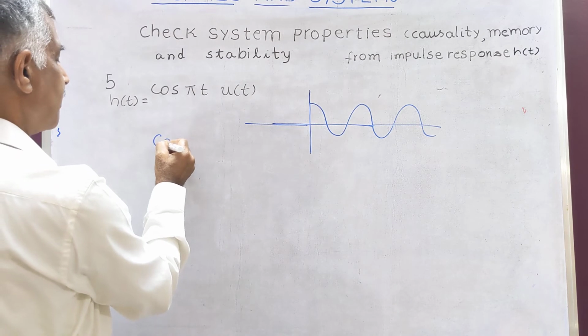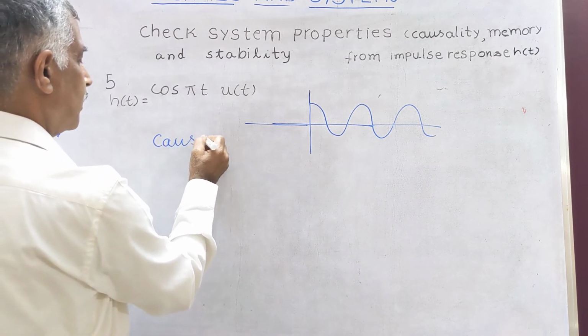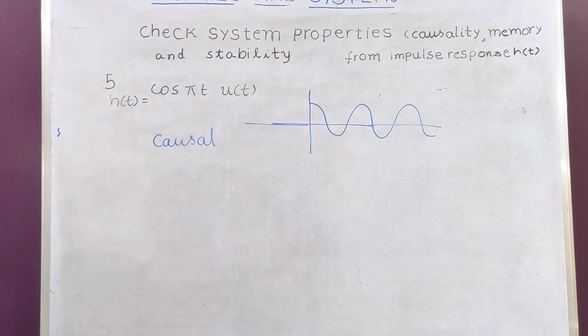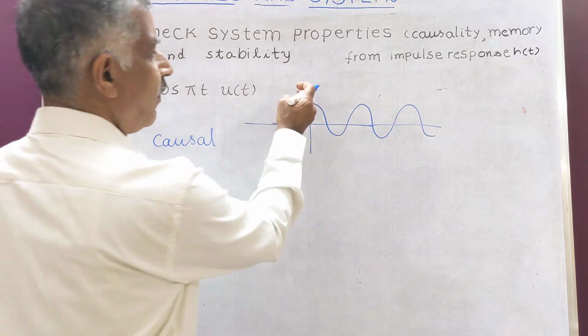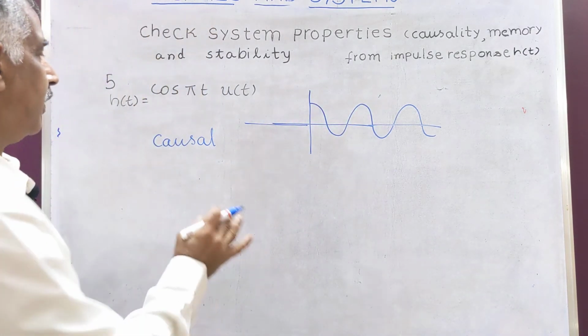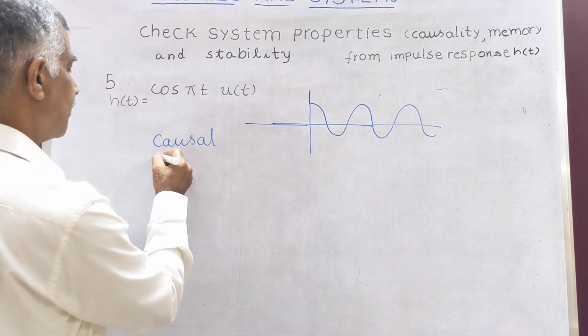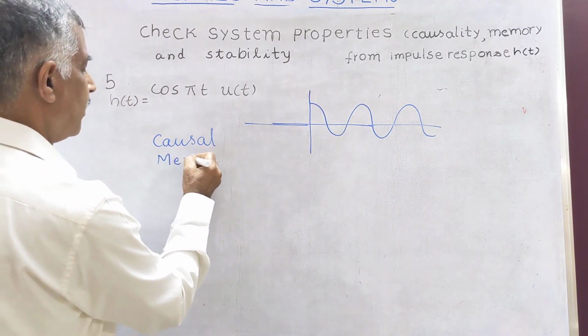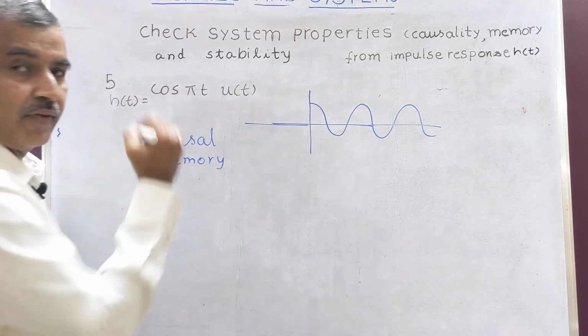Therefore, it is causal. Then, for different values of t, the functional value exists. Therefore, it is not memoryless; it has memory.